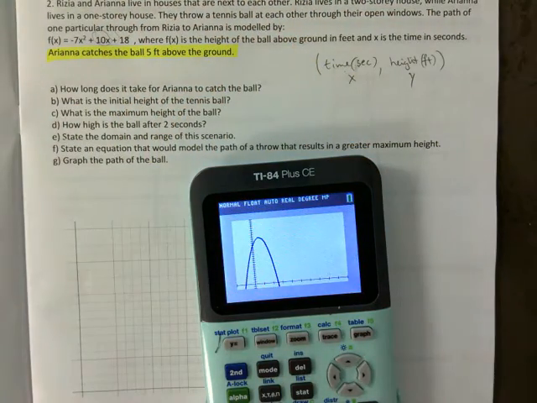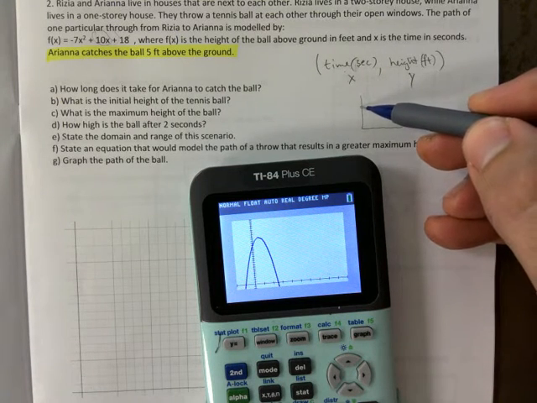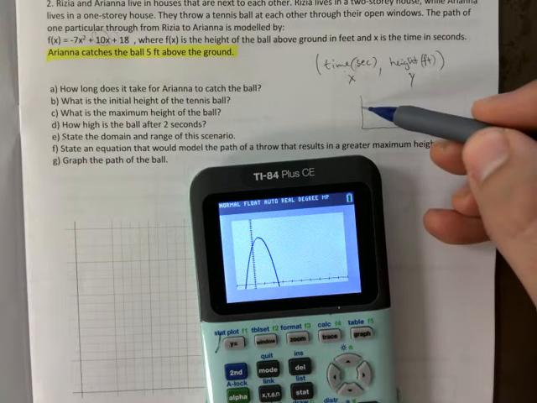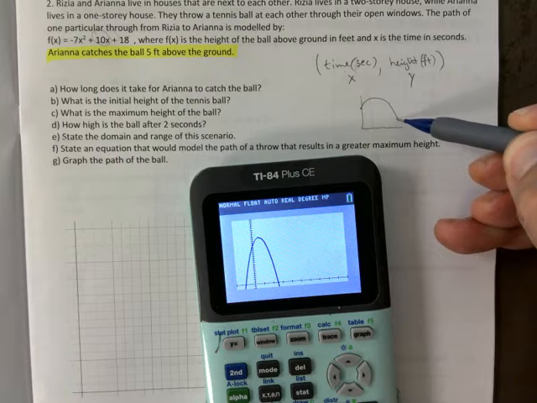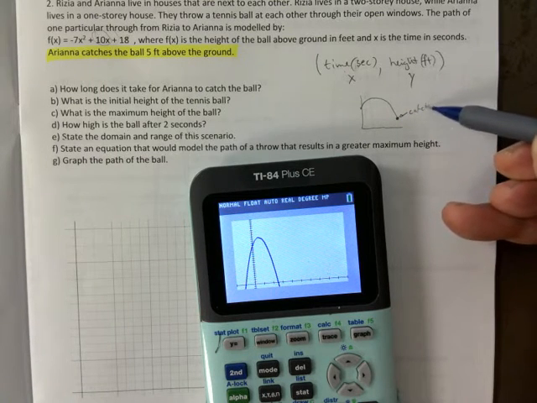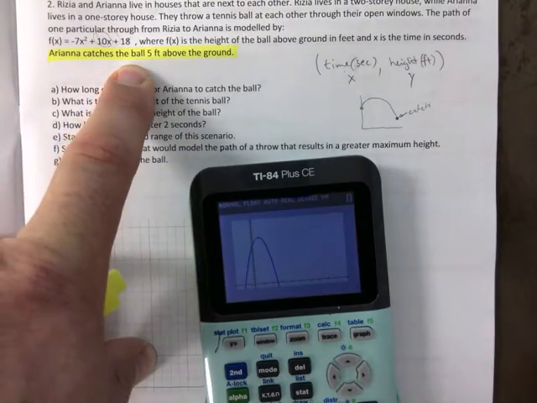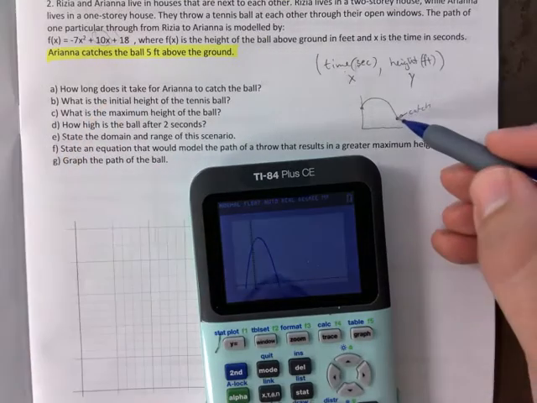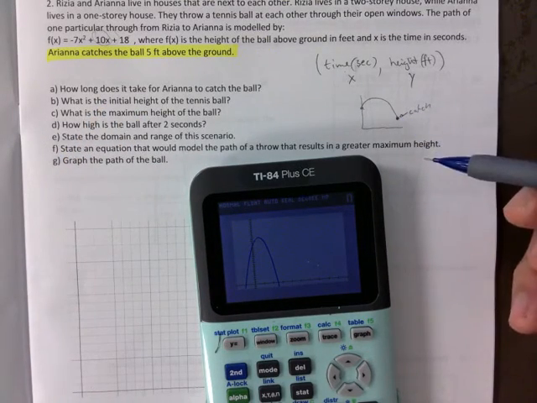Yes, our calculator is showing us everything, but if you're just focusing on this story, there's a catch there, no pun intended. You've got to watch out for that. So the story ends here. Keep that in mind.